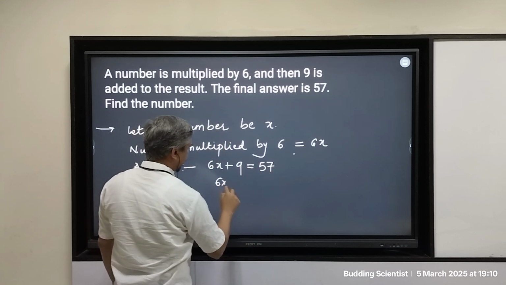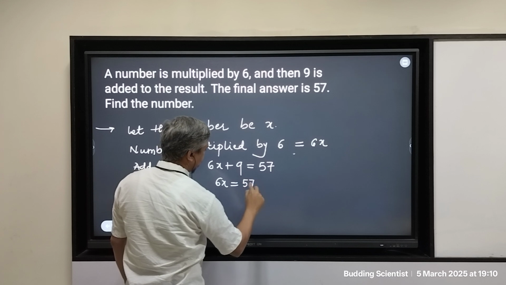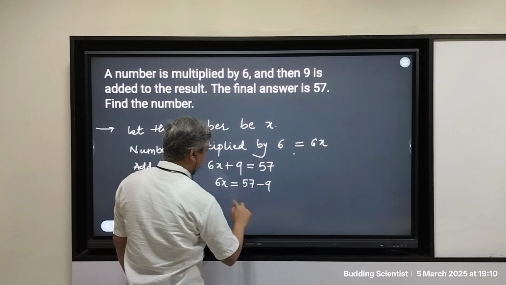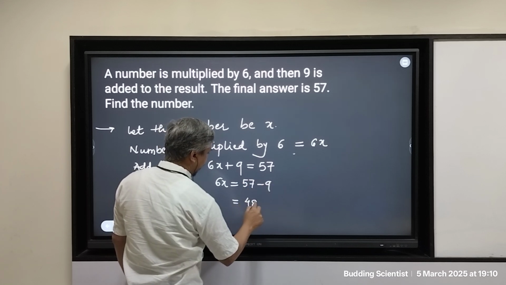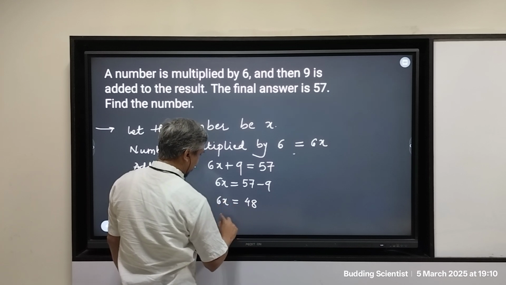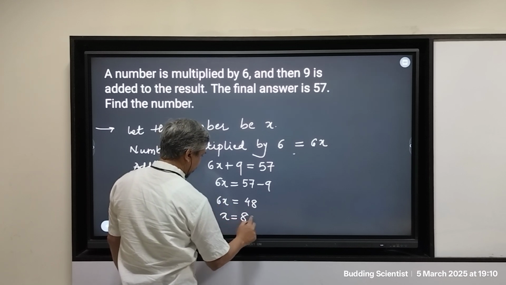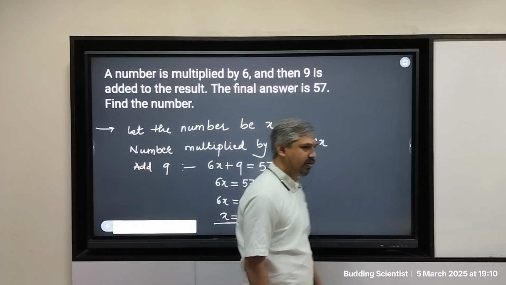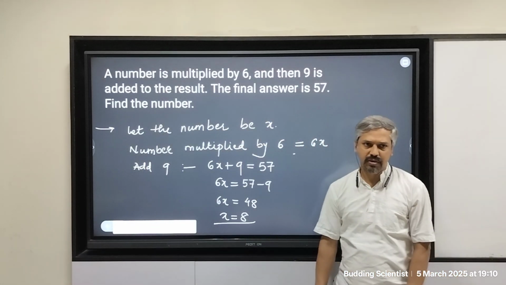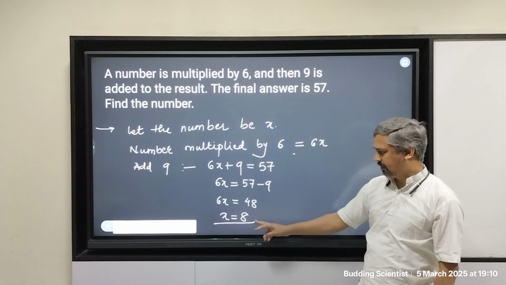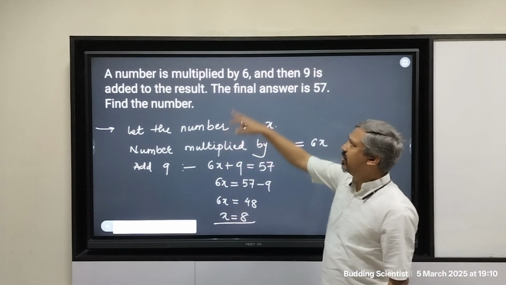So 6x is equal to 57 minus 9, which is 48. x is equal to 8. Let's check if the answer is right.